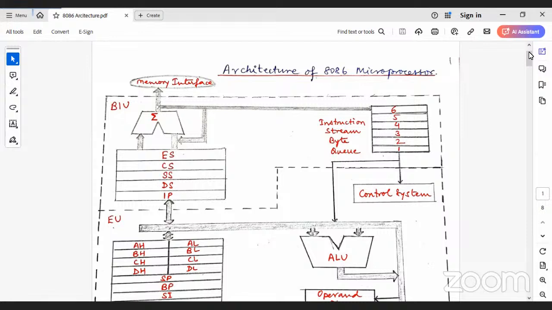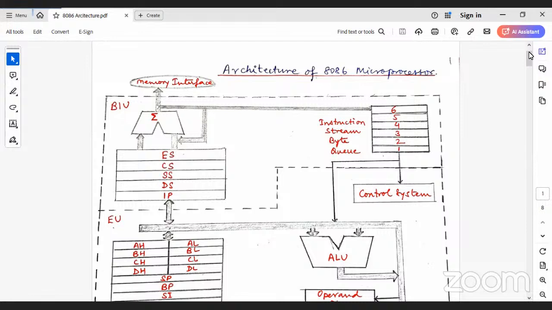Then in the block diagram, to the extreme right, you see the instruction stream byte queue. It means that at a time 6 bytes can be kept ready for operation in your processor.